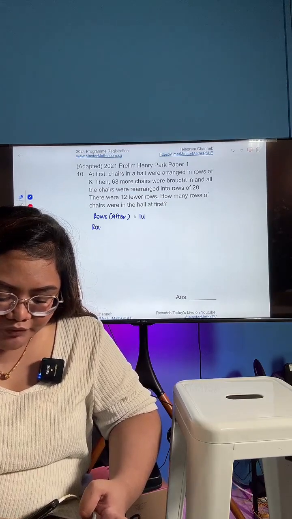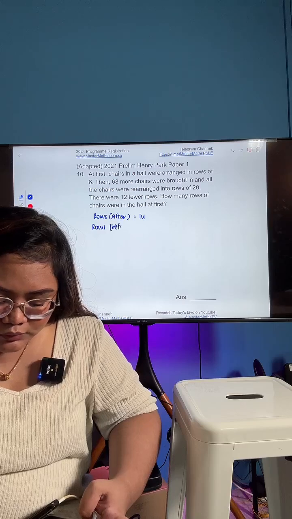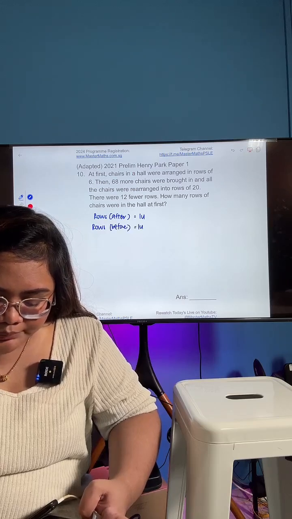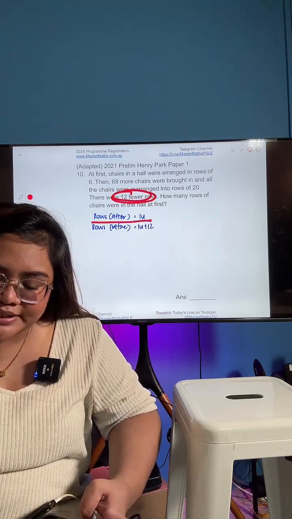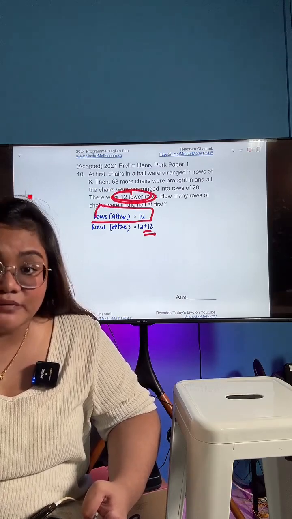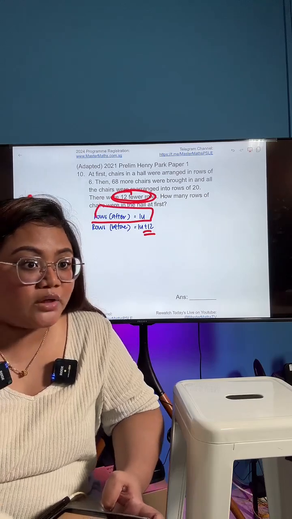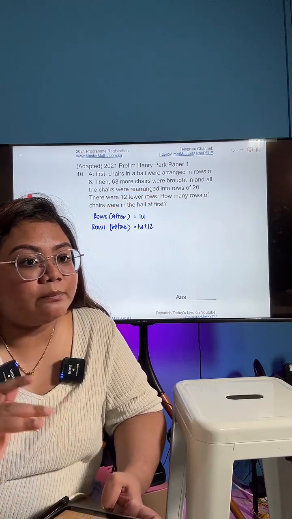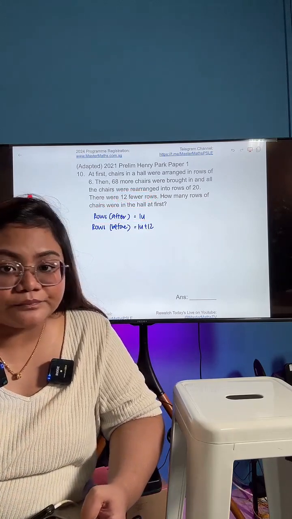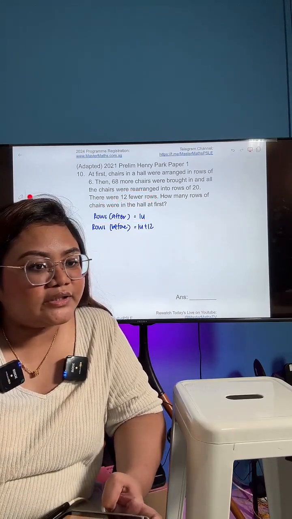So the rows before will be 1 unit plus 12. Everybody agree? Because I got 12 fewer rows now in the after. So before must have 12 extra. So 1 unit plus 12. Got it?